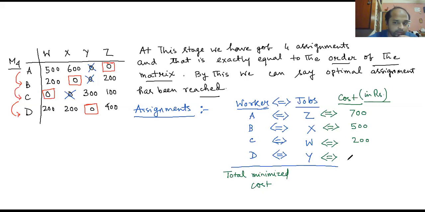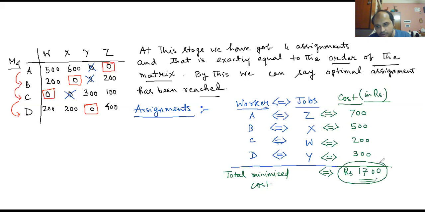And when D goes to Y, the cost is 300. So we are going to get the total cost as 7 plus 3 is 10, plus 5 is 15, plus 2 is 17. Rupees 1700 is the minimum cost with respect to my optimal assignment. And my job is done. I'm happy.